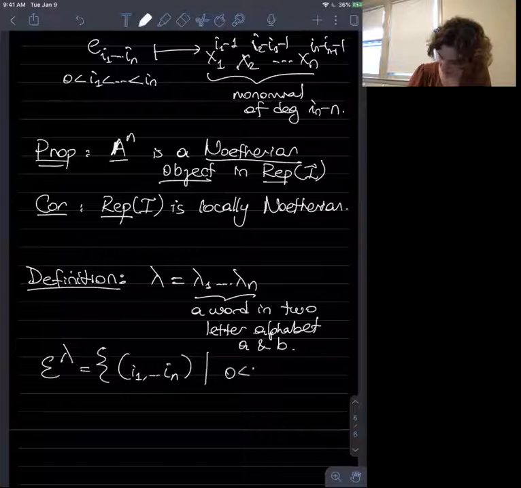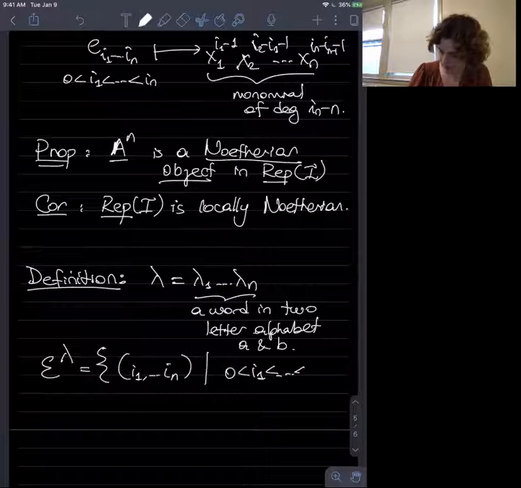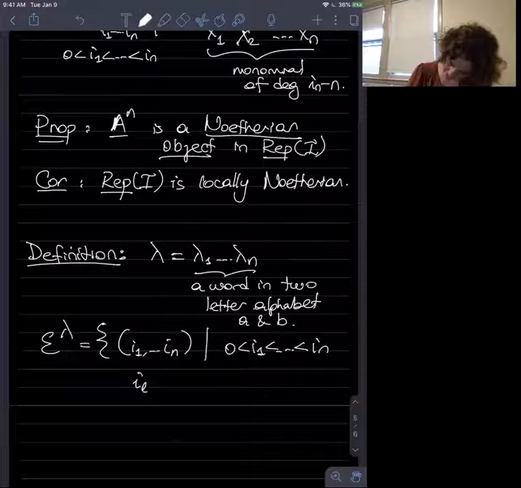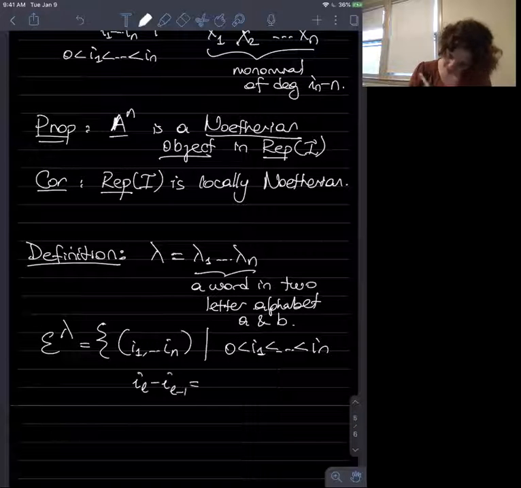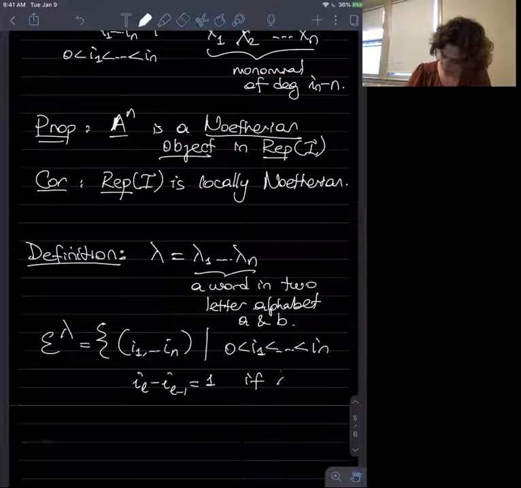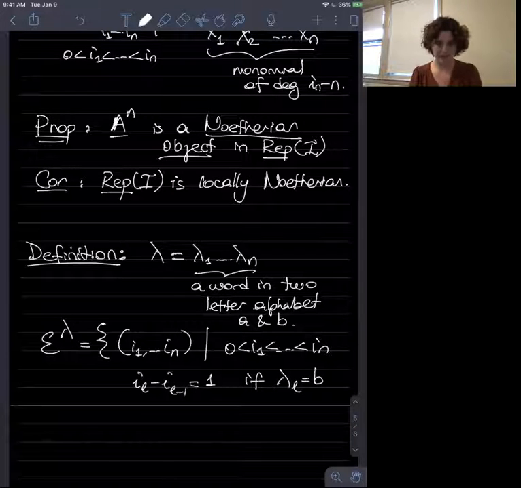These are, again as usual, strictly increasing sets, such that the difference is 1 if the word has the letter B in the corresponding spot, again assuming I0 is 0.